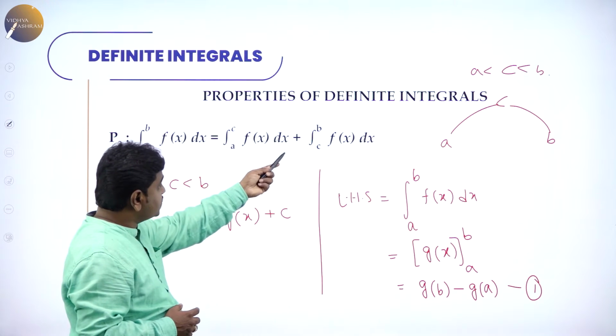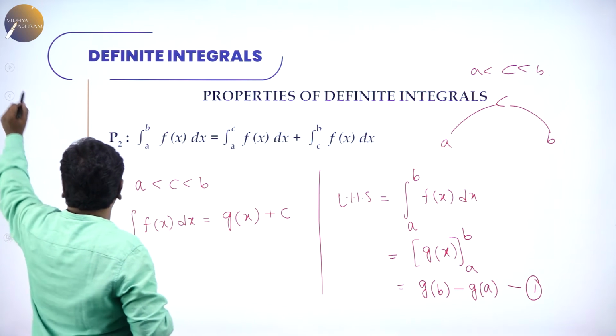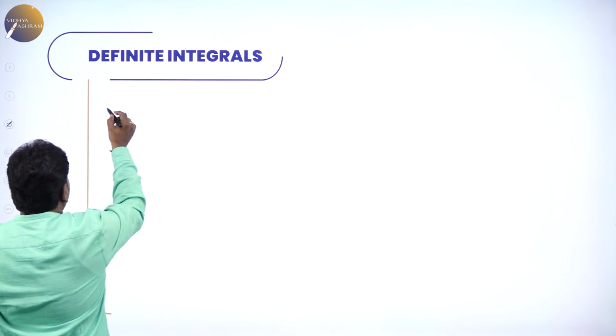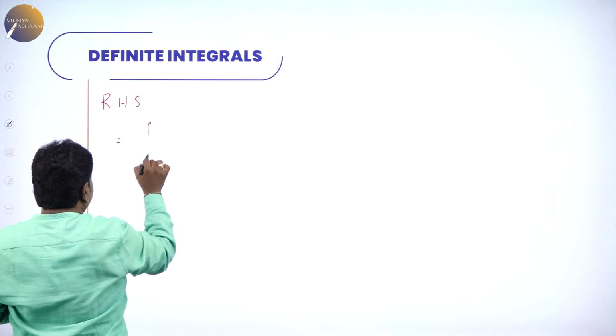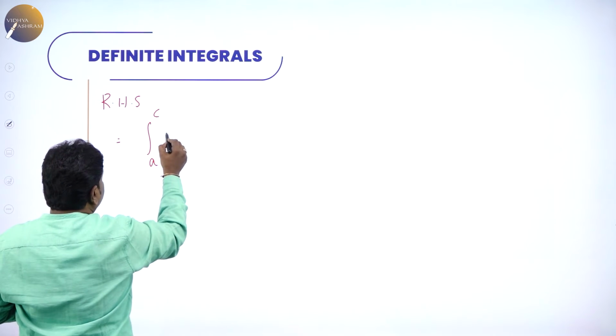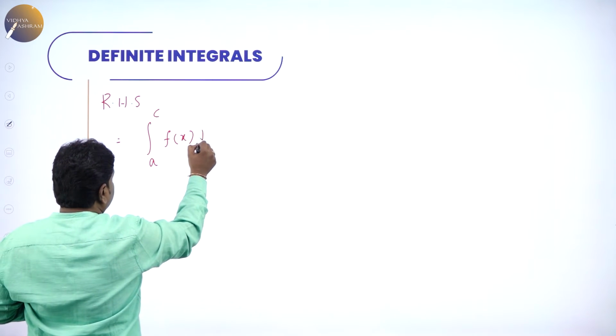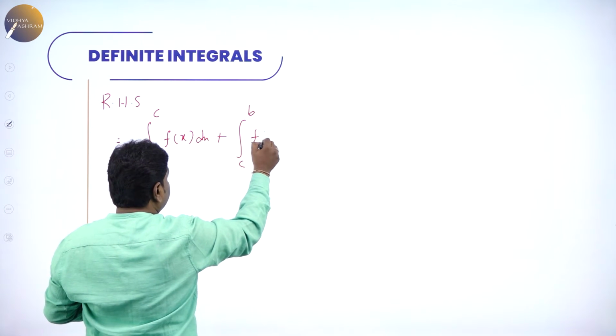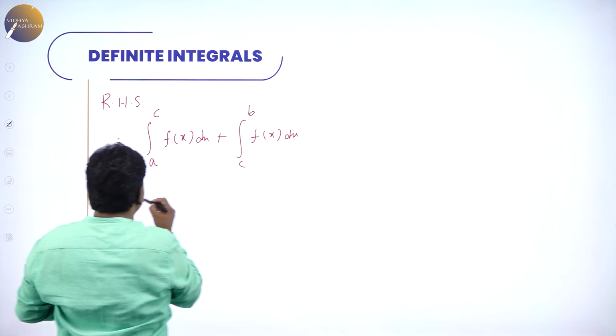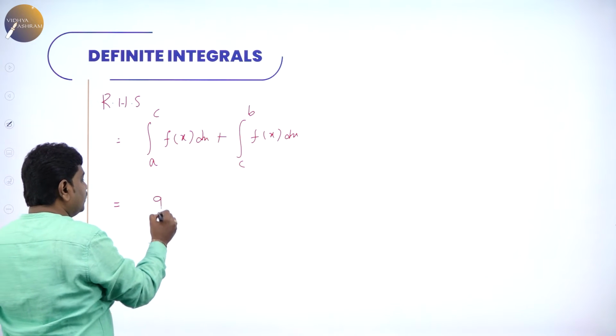I should take RHS and arrive at the same. So we'll go to RHS. What is RHS? Integration of a to c f of x dx plus integration of c to b f of x dx. Now we assumed integration of f of x is g of x.